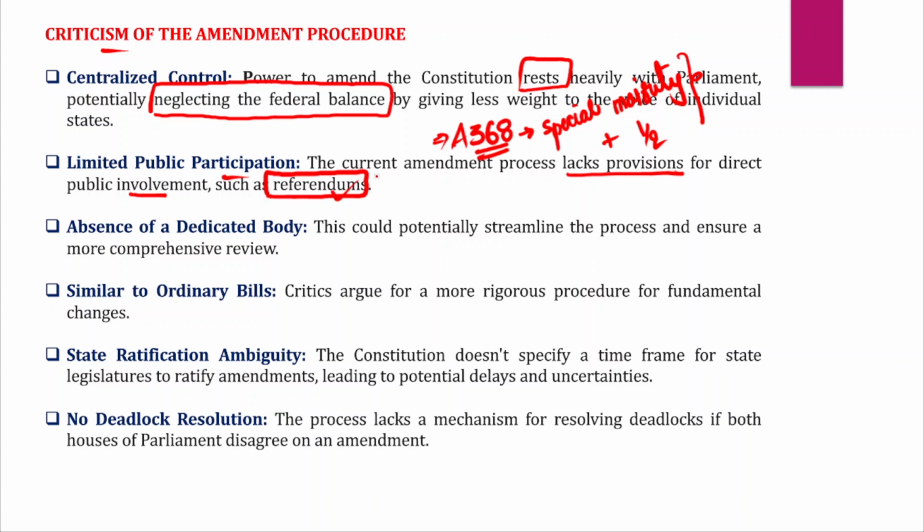And it is also said that there should be a dedicated body, because this dedicated body would look into the constitutional amendment and analyze the provisions which are part of the amendment bill. Thereby, it could make adequate suggestions about the amendment of the constitution, so that it could be more democratic, right? So it could not be done solely based on the whims and fancies of the government of the day.